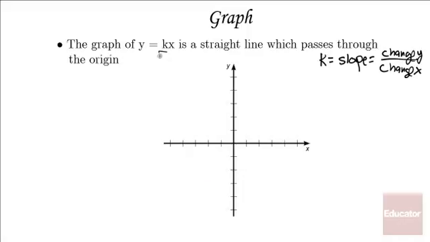As it says here, this is a straight line which passes through the origin. Therefore, giving you some examples of this type of graph, one may look like this, or it could look like this. So a straight line that passes through the origin. And we'll do one of these in the examples.